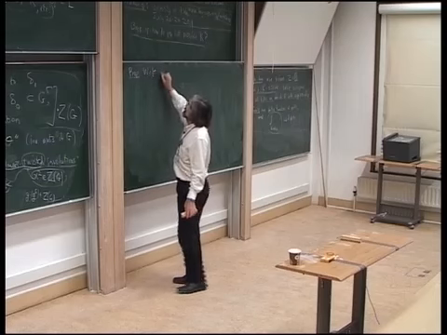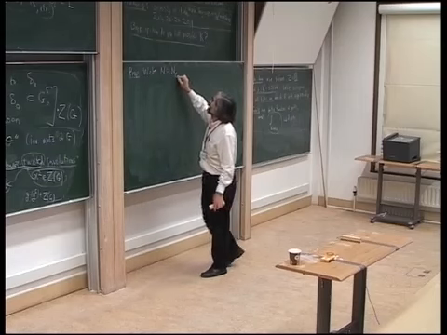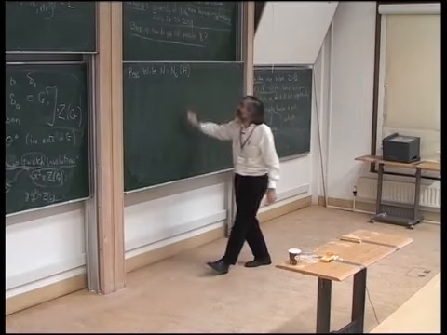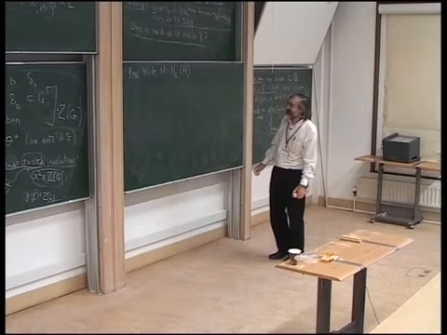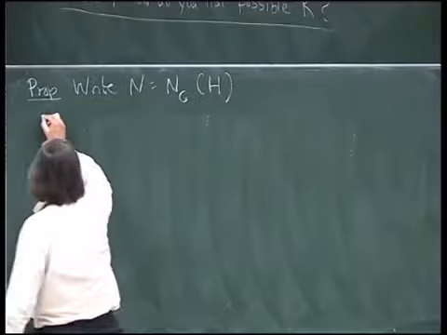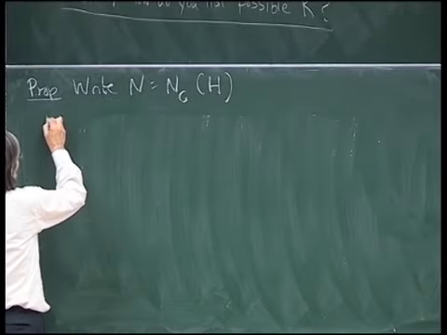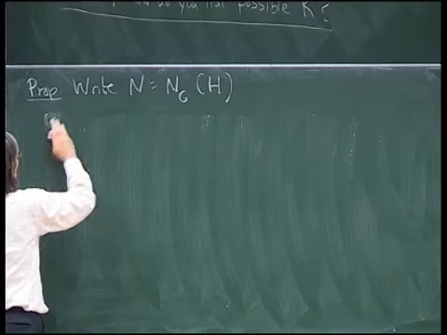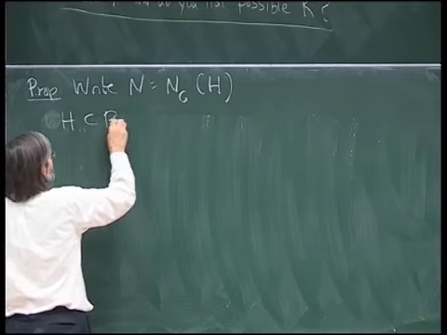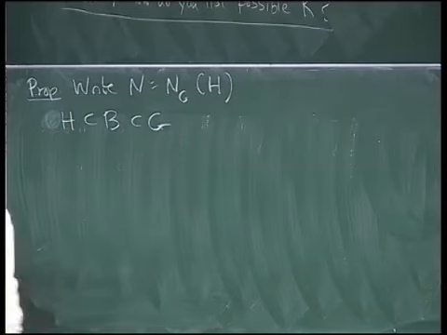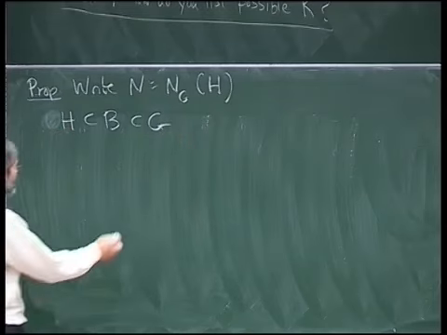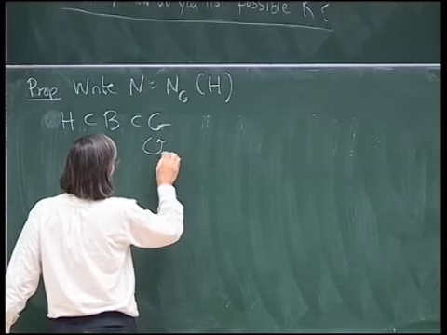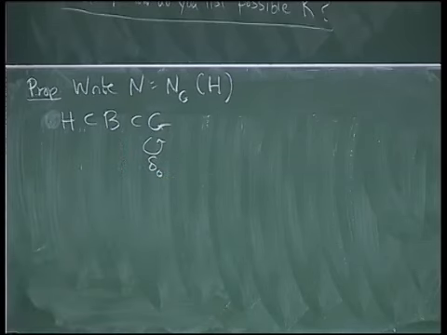So let me write N for the normalizer in G of this Cartan. I'll remind you that I have this, well, H inside B and inside G, and here this delta 0 is acting.